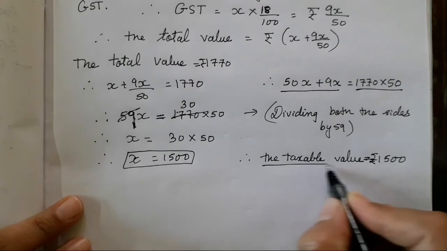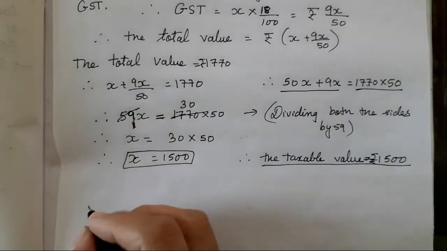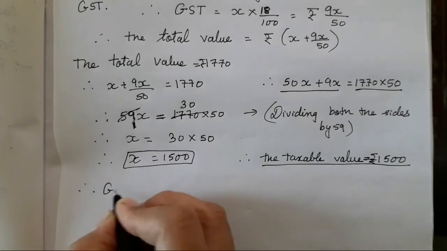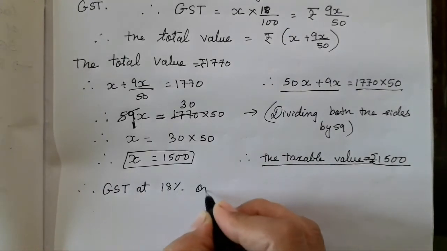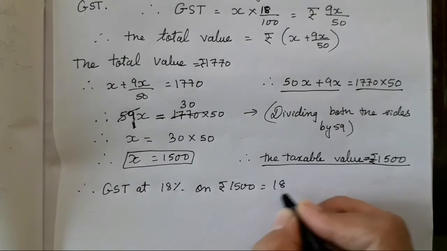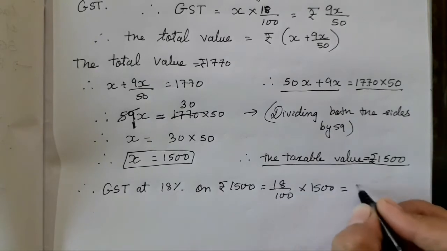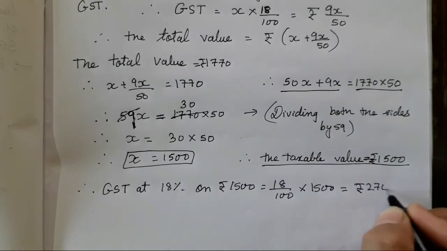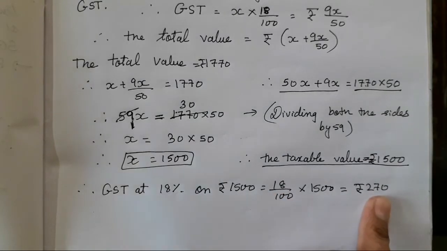Alright, so you have got your GST now. In short form, you all have to write GST at 18% on rupees 1500 is supposed to be 18 upon 100 multiplied by 1500, which is supposed to be rupees 270. Okay, meaning GST on this much amount is going to be how much? 270.